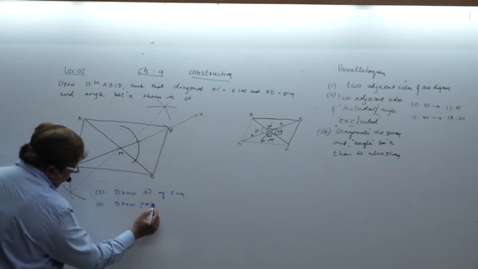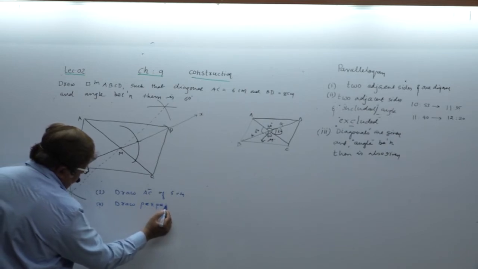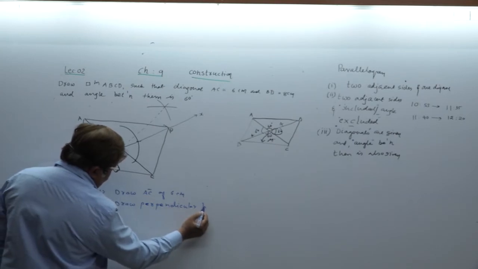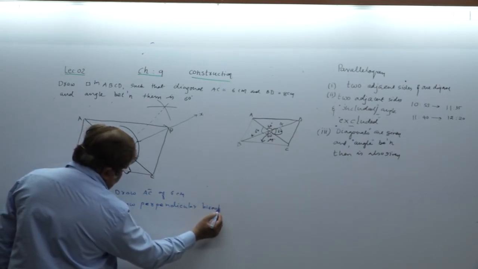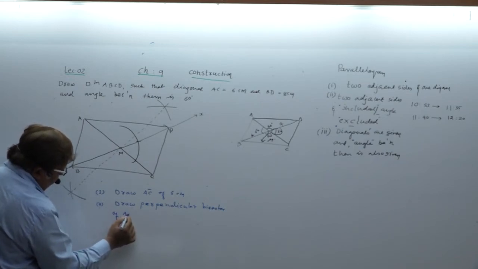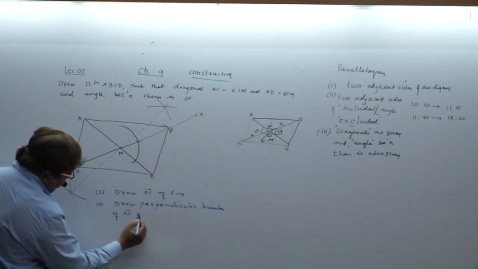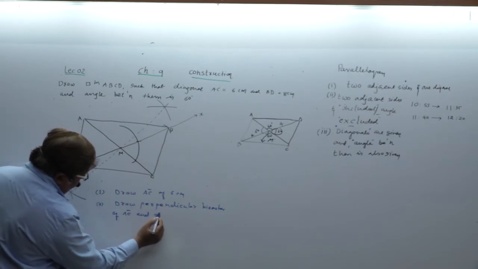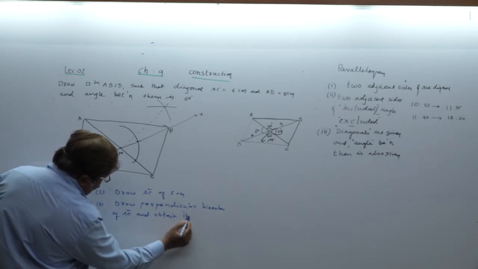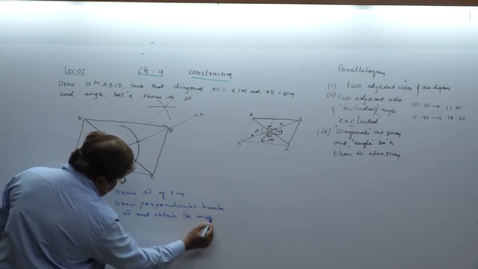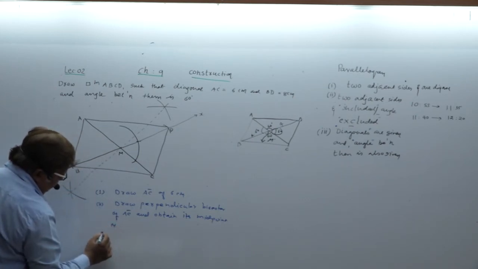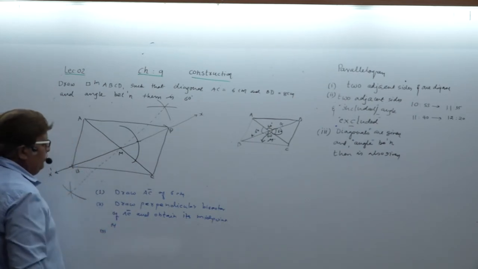Please note down: draw perpendicular bisector of AC and obtain its midpoint M. That is the second step.